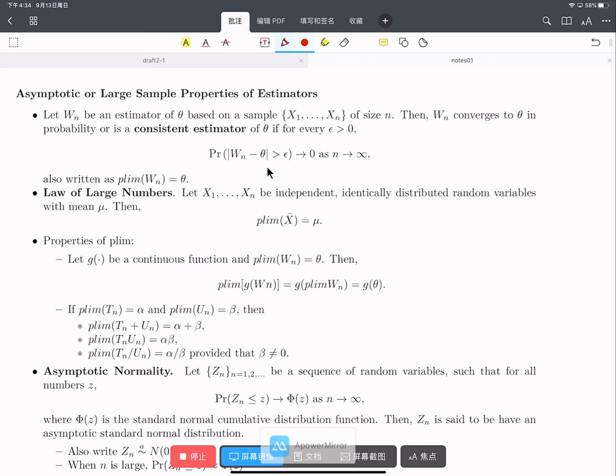It basically means that if sample size n grows, then the estimator, say W1, becomes more precise or gets closer to theta, the parameter that we want to estimate.